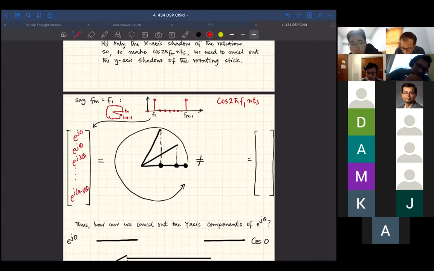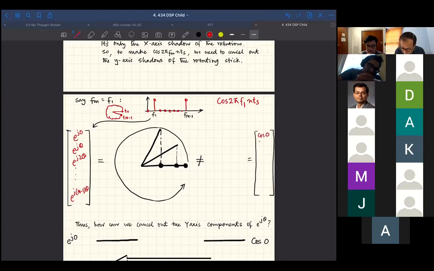We want cos 0, cos theta, cos 2 theta, and so on till cos (n minus 1) theta. Because this is this. Makes sense, right?